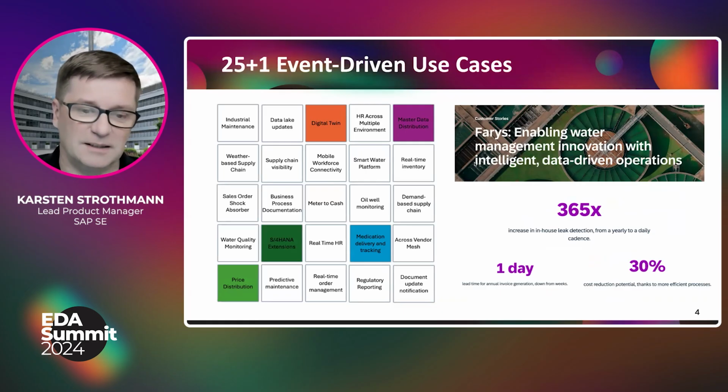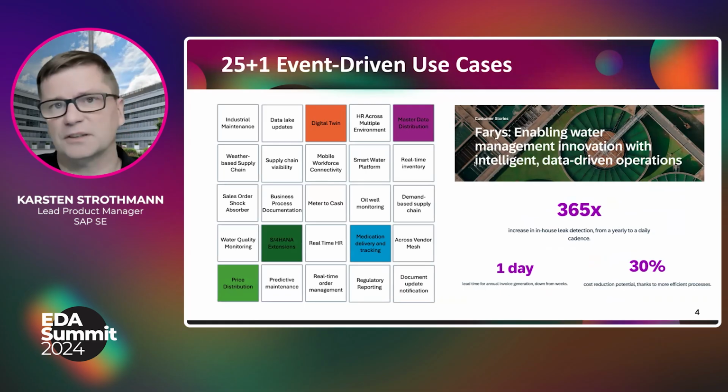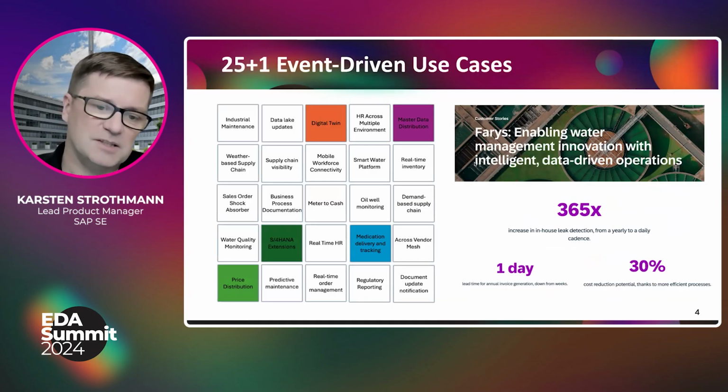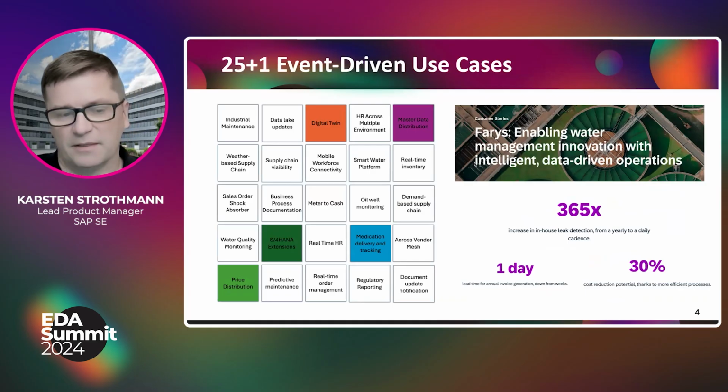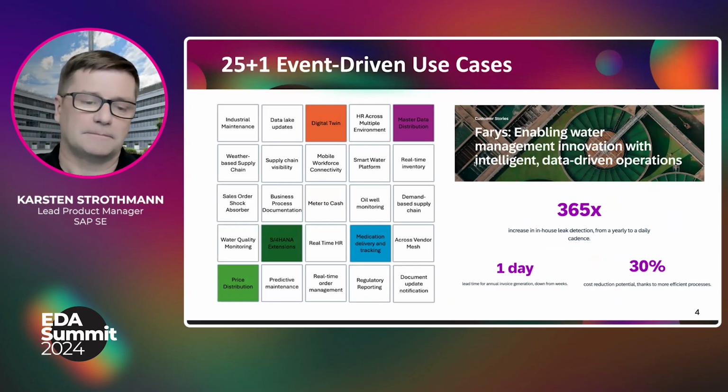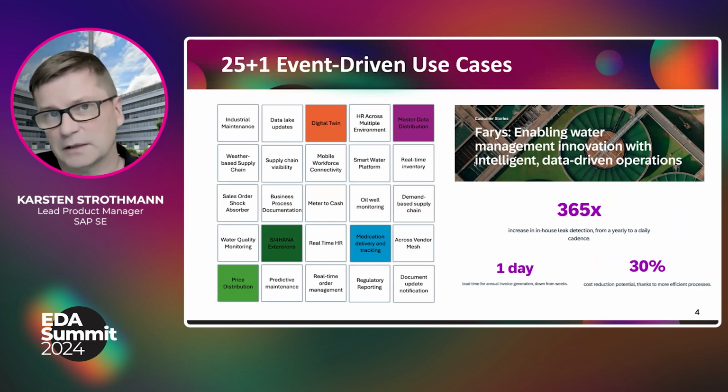Medication delivery and tracking, that's a use case I like a lot because you really see the value in it. A lot of pharmaceutical companies have the issue that they, first of all, need to optimize their delivery processes for the medication. On top of that, the medication needs to always stay cold or fulfill certain criteria during the delivery process.